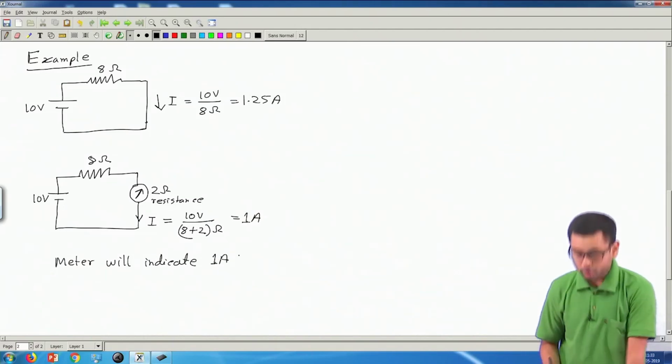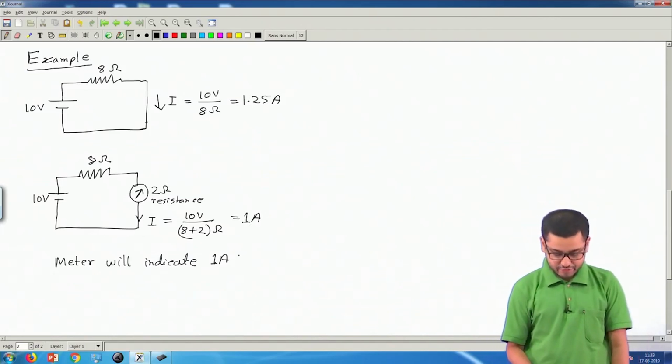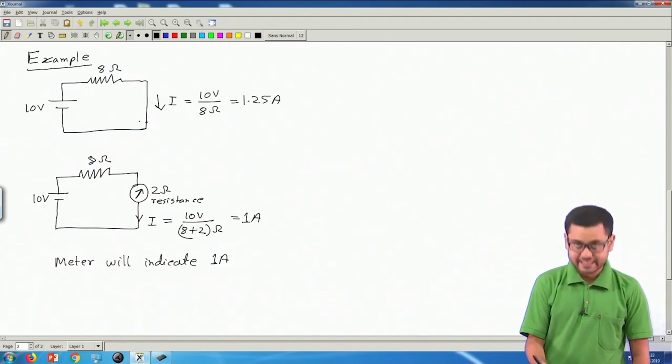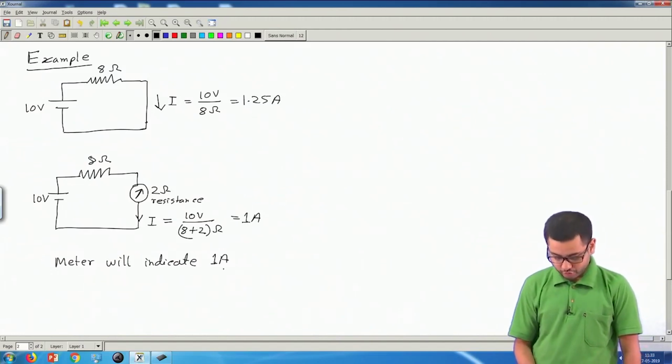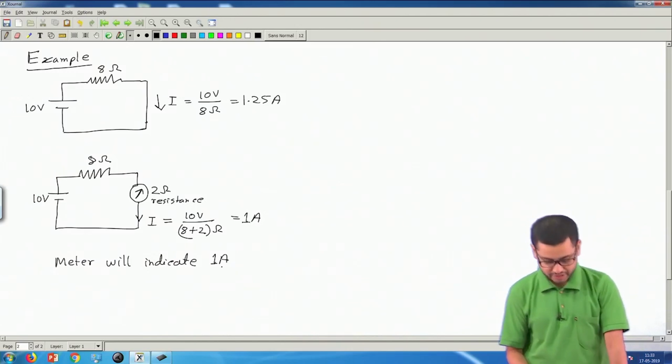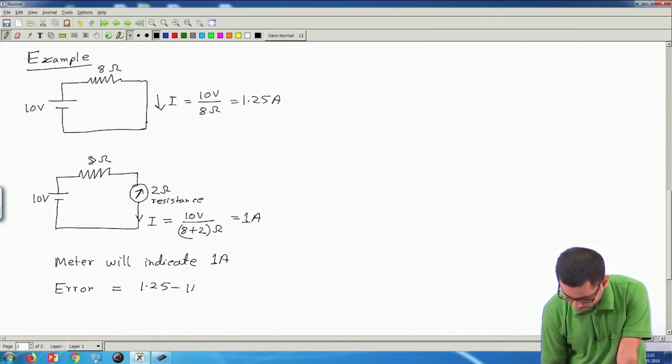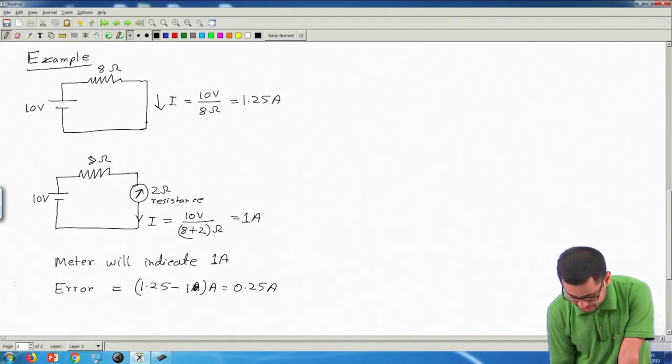Whereas, if we are interested in the value of the current that was actually flowing in the original circuit, that was different. So, therefore, we have an error, and the error in this case is quite large. We can write this as 1.25 minus 1 ampere, which is 0.25 ampere, and this we call the absolute error.